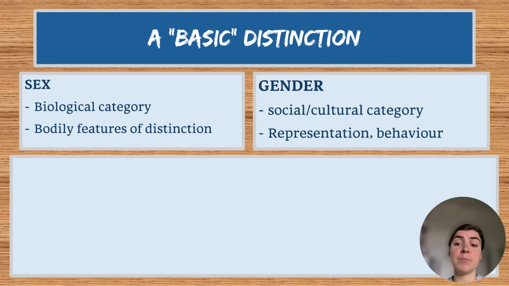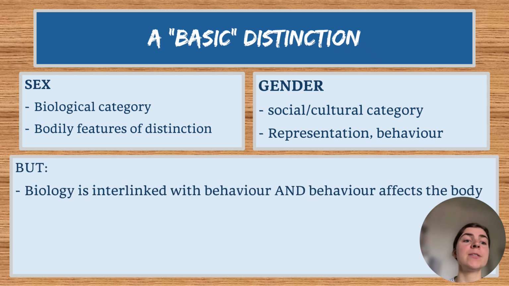Now, this seems pretty clear. Sex is biology, gender is what culture makes of it. But it's actually not that simple, because biology is interlinked with behavior. If a person has certain bodily features and certain brain structures as well, because that would be biology in a way, then this would affect the behavior of a person. And it's also important to keep in mind that behavior affects the body. A simple example: if I go to the gym every day, my body will be severely affected because I will be a very muscular person.